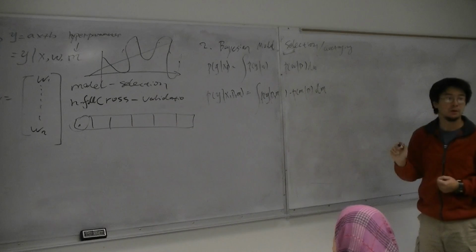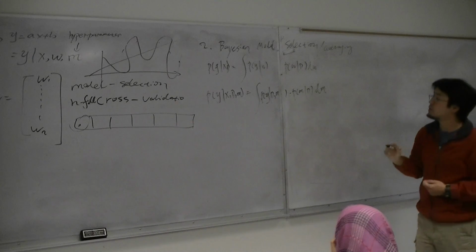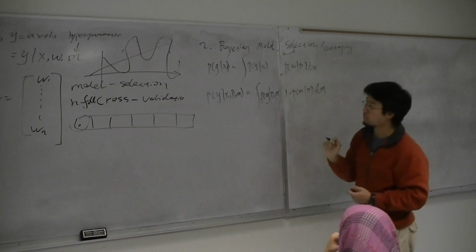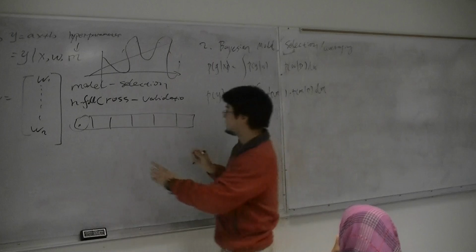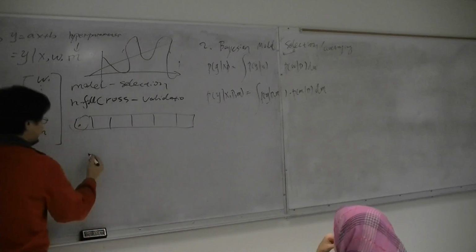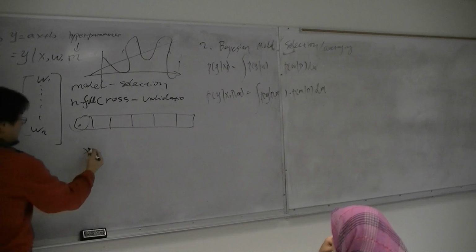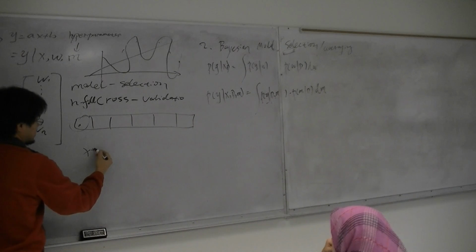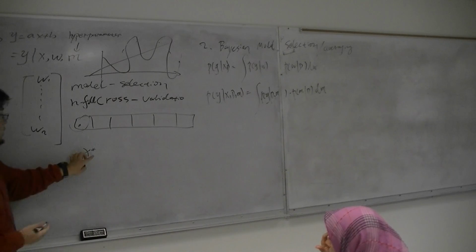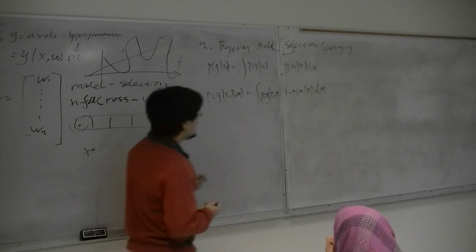So what's the difference between x and D? D is the training sample, and if I get a new x, which is when you're testing a model, this is unknown, and you need to predict.